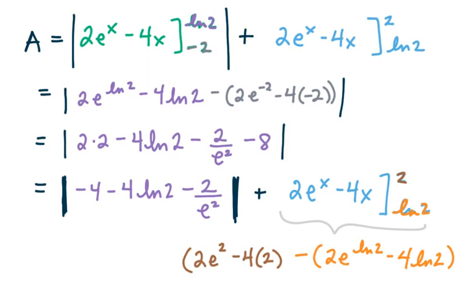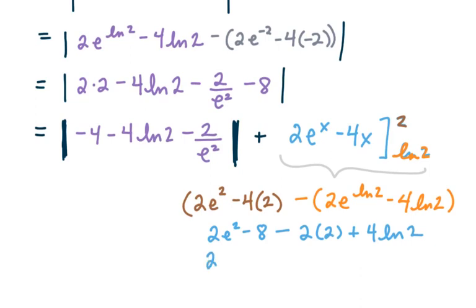And so this value, when I simplify it, I've got 2e squared minus 8 minus 2. E to the natural log of 2 is 2. And then minus 4 natural log of 2, but of course that's a double minus, so we have plus 4 natural log of 2.